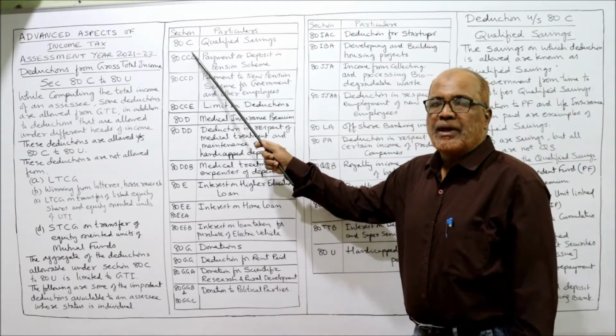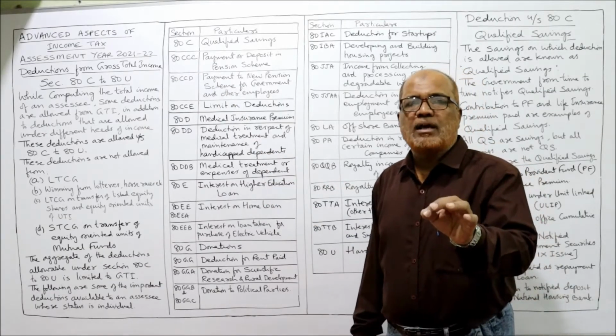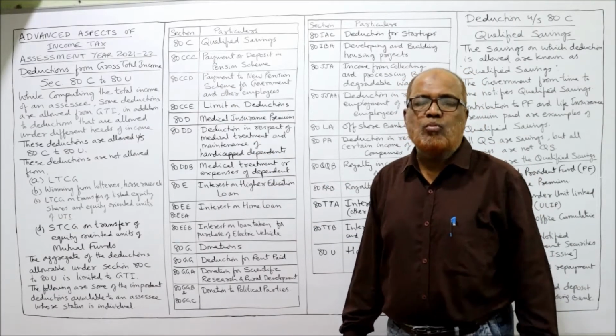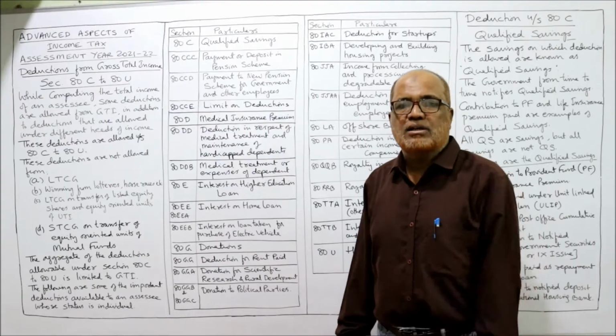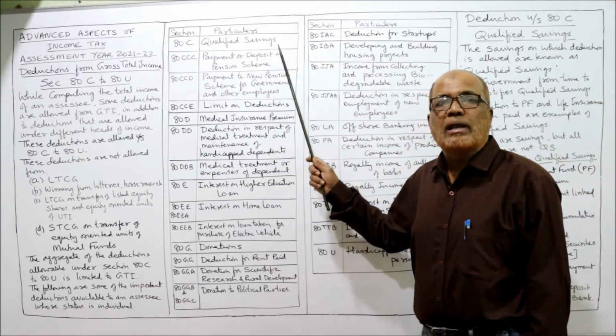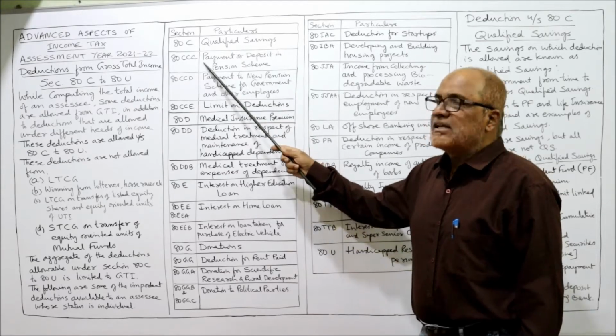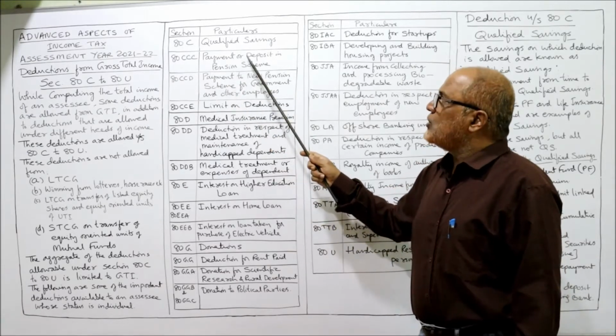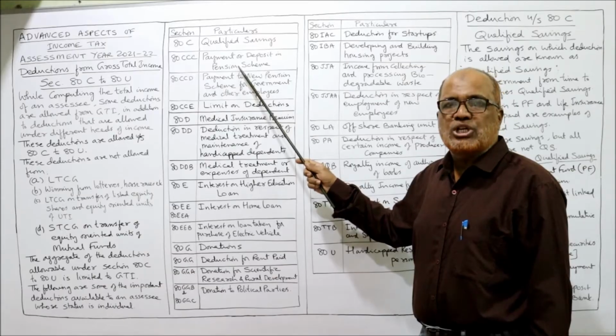80C is the most commonly applied deduction. Most assessees will get the deduction under section 80C, which is for qualified savings. Then 80CCC, payment or deposit in pension scheme.